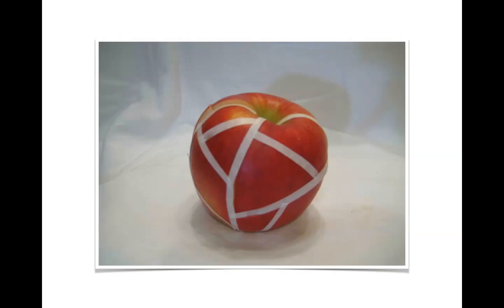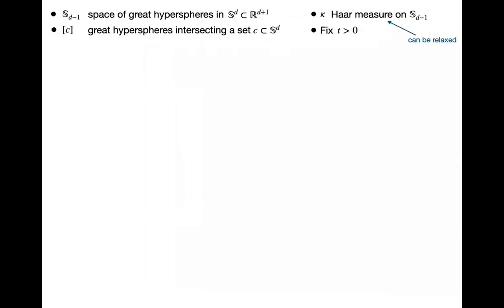On the surface of this sphere, the cutting with the knife has left some traces, these white stripes here. These white stripes cut the surface of the ball, so the sphere, into spherical polygons at random. This is what we call a spherical tessellation, and this is the topic for today.